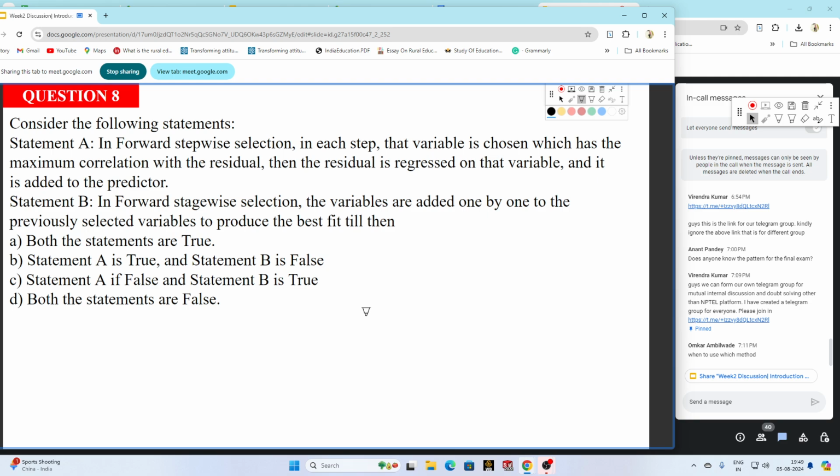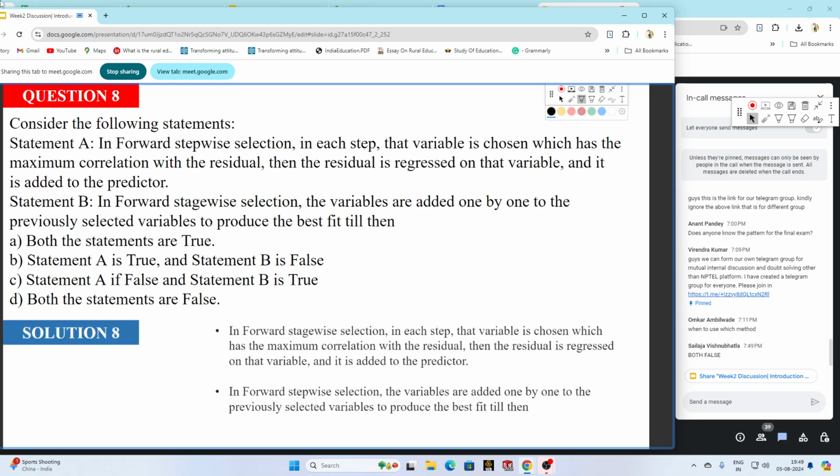Someone is saying both false. Any other guesses? Yes, absolutely right. Here they have reversed the definitions. In forward stepwise selection, the variables are added one by one to the previously selected variables to produce the best fit.